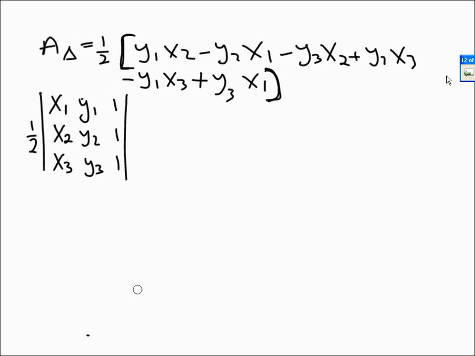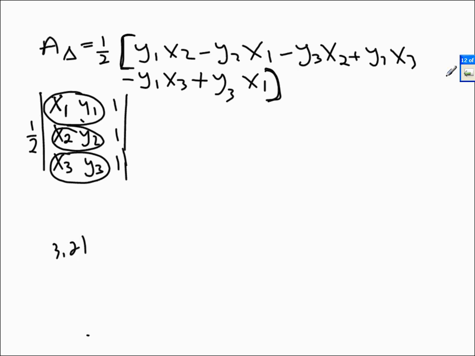In other words, you were just given 3 points, and your classmate chose to write down that point first, and that point second, and that point third. Okay? But you didn't have to do it in that order. Your classmate wrote down x1, y1 first. I mean, you're just given 3 points.